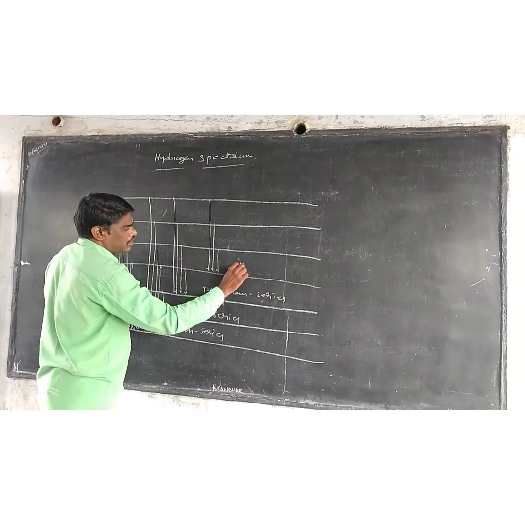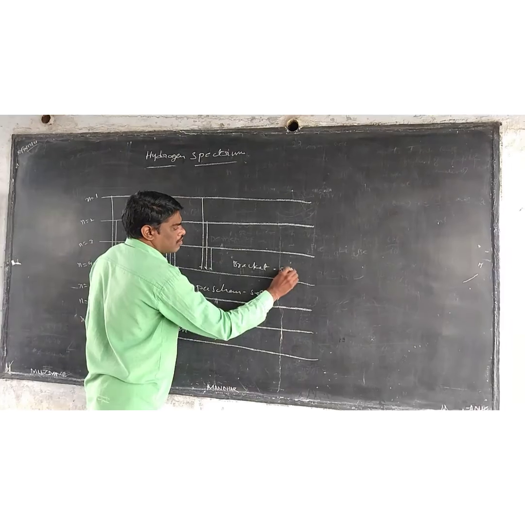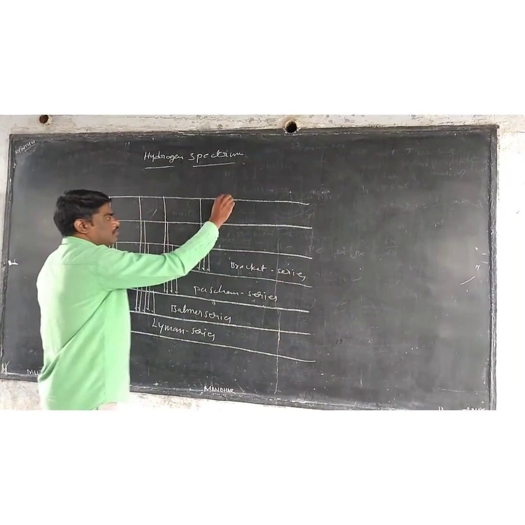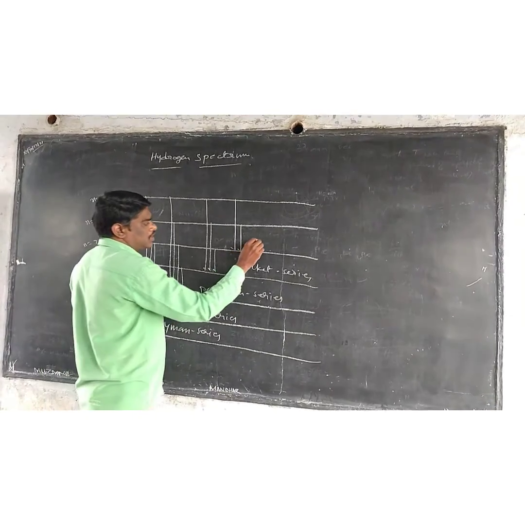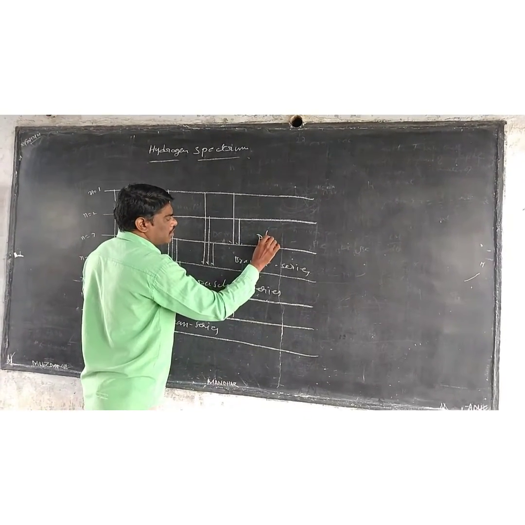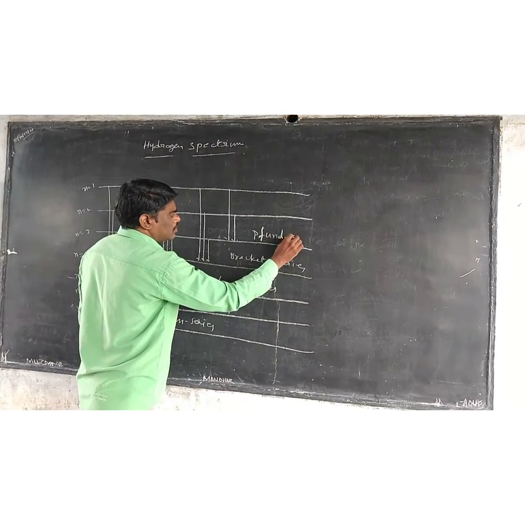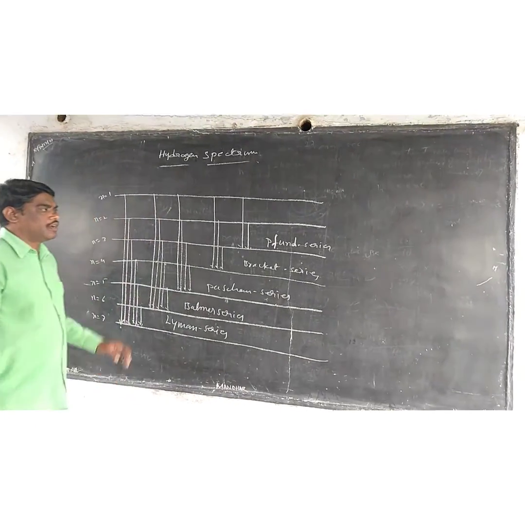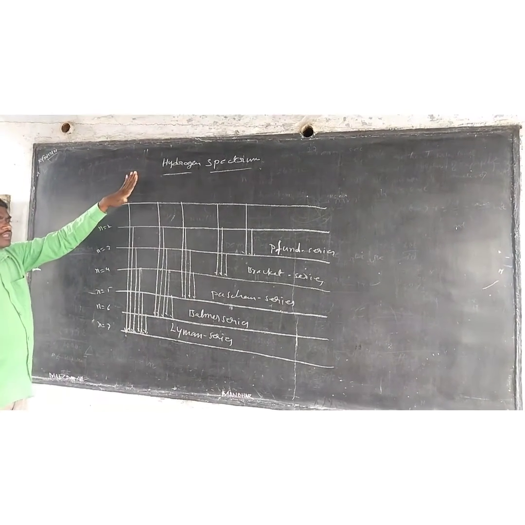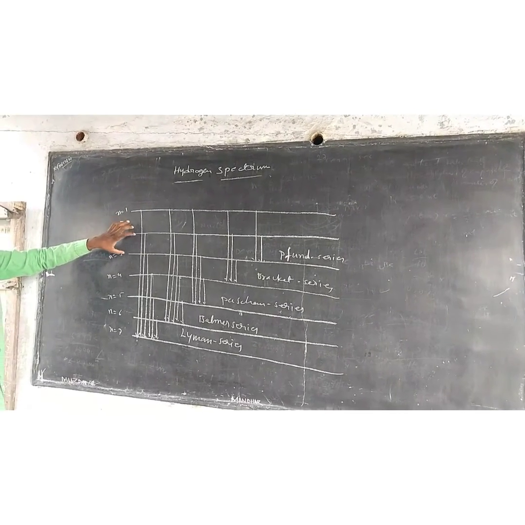This is the Brackett series. The last one is the splitting of small spectral lines identified by the scientist Pfund. This series is called the Pfund series. So the hydrogen spectrum is identified by these 5 series.